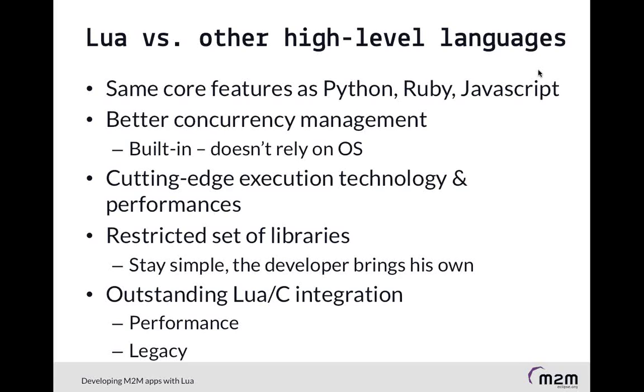Lua, compared to other high-level languages, in terms of features, there's nothing in Python or in Ruby that's not available in Lua. As I just said, because of the coroutine mechanism, when you want to do concurrency and collaborative programming, it's more deterministic, let's say, and it won't rely on the underlying OS implementation.